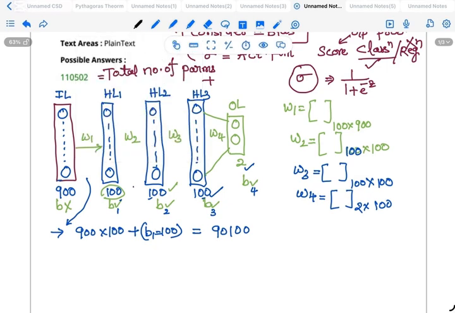Next, in this layer, the total number of parameters is 100 multiplied by 100 plus B2 equals 100, that is 10100 parameters.